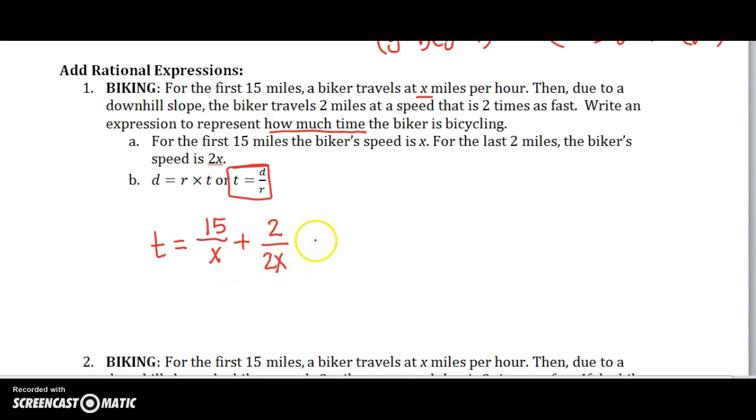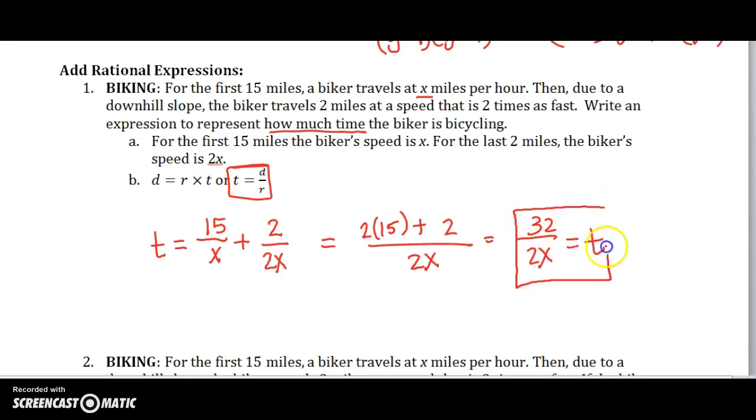We need a common denominator, so our common denominator would be 2x, because they both need to be able to go into it. x goes into 2x with 2 left over, so 2 times 15 plus 2x goes once, so plus 2. So that gives us 32 over 2x. That is our equation for our time. All right.